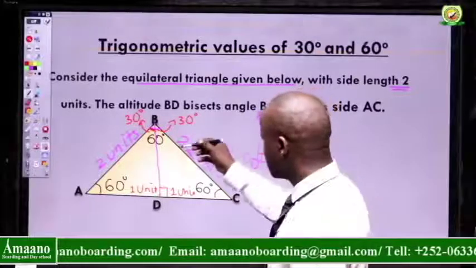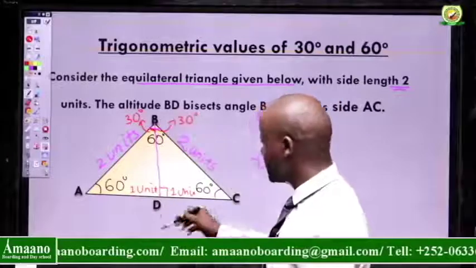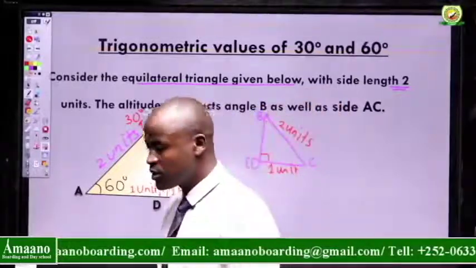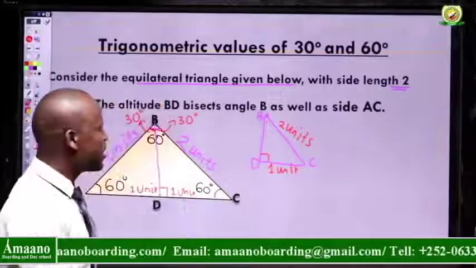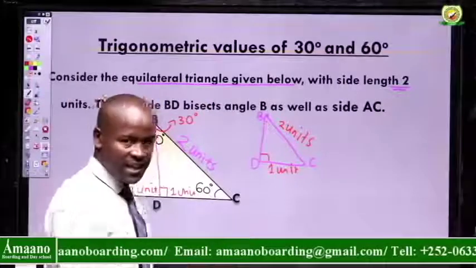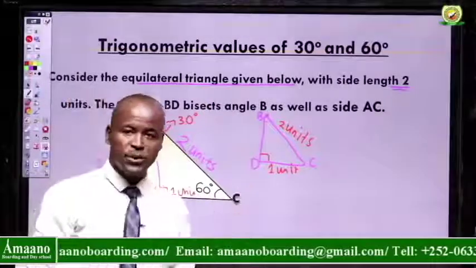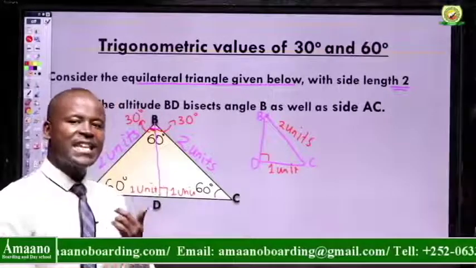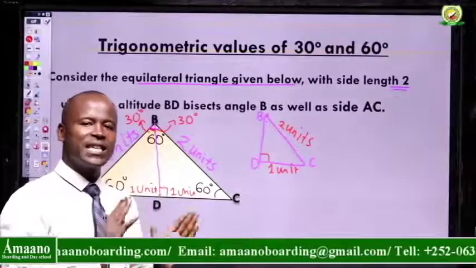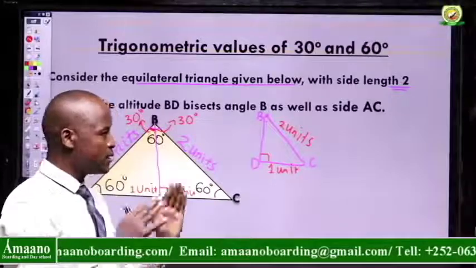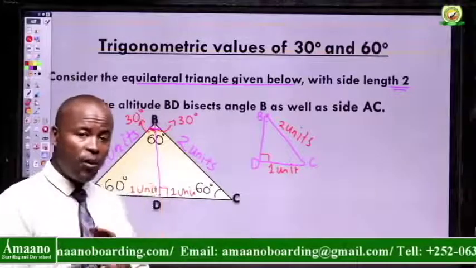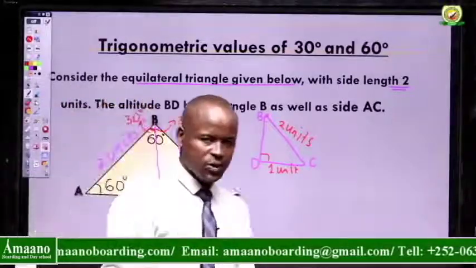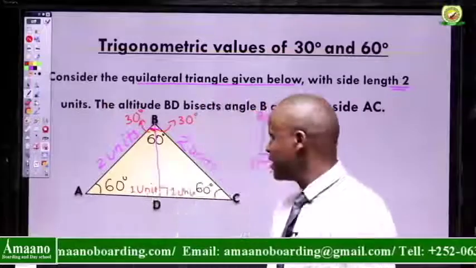The altitude BD is not known. Now the question is, what is the length of BD? After having the length of BD, you can find sine, cosine and tangent of 60 and 30 degrees simply by using the opposite, adjacent and hypotenuse of this right angled triangle.